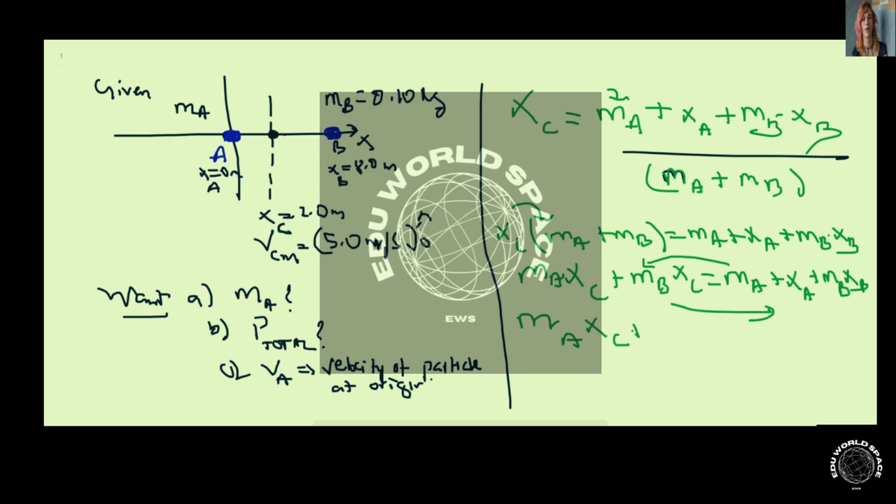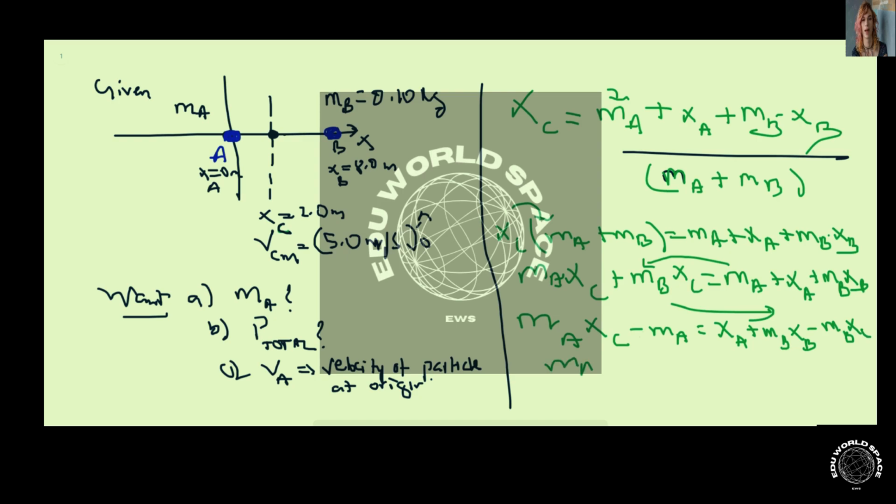So we have MA XC minus, because it's moving to the left, so this is going to be minus MA XA, equals MB XB minus MB XC.